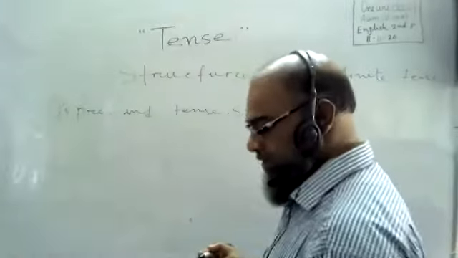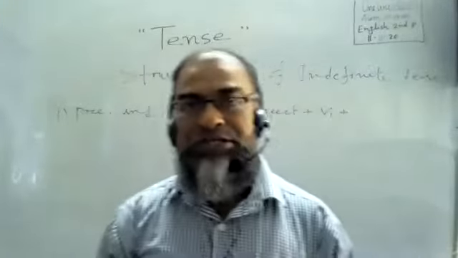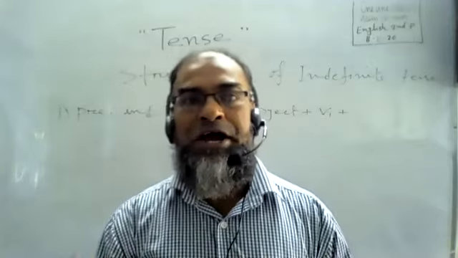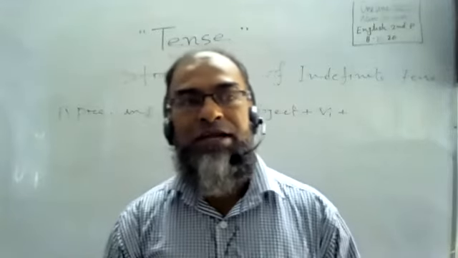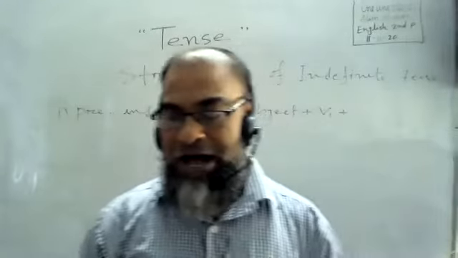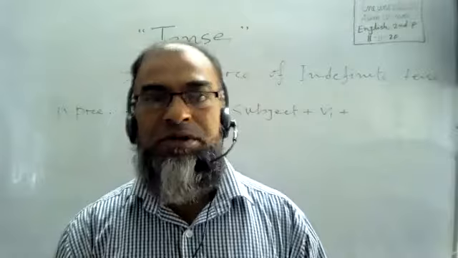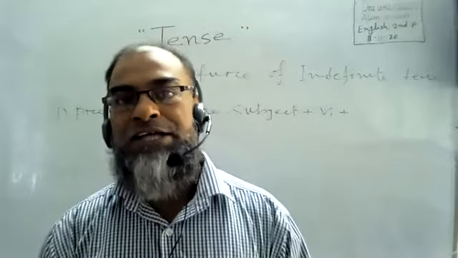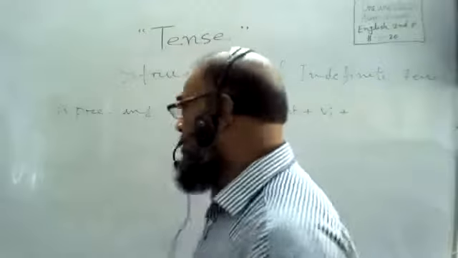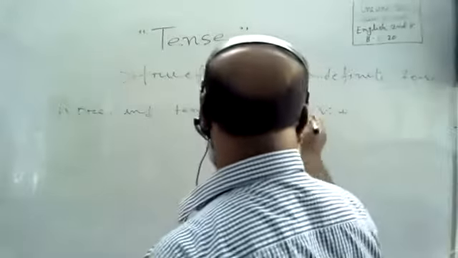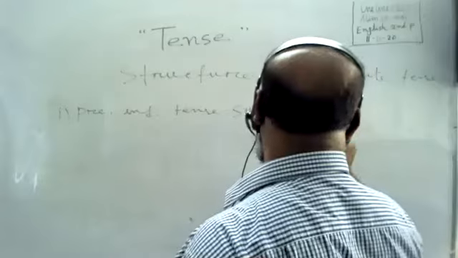You know that there are 3 forms of verbs: present form, past form, and past participle form. Again, I repeat: a verb has 3 forms: present form, past form, and past participle form. So for easier writing, instead of present form, we use V1.